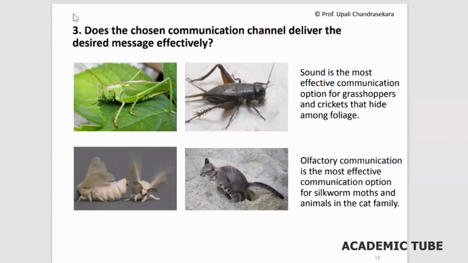Why did they select sound? Even at night there are nocturnal predators, like for example owls and some reptiles, snakes, etc. Right? So if they come out from hiding among the foliage at night, again it is dangerous. So even at night they remain in the foliage.